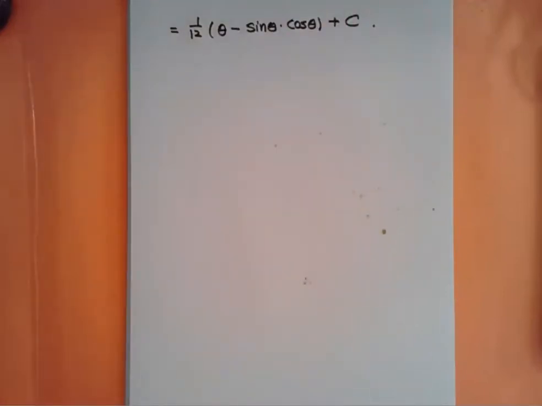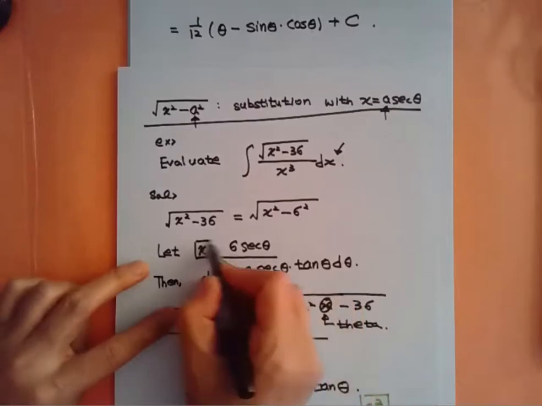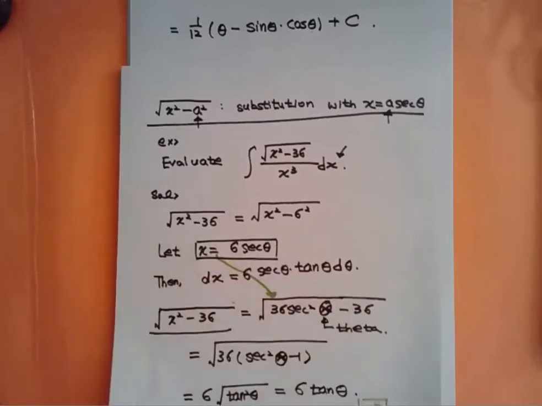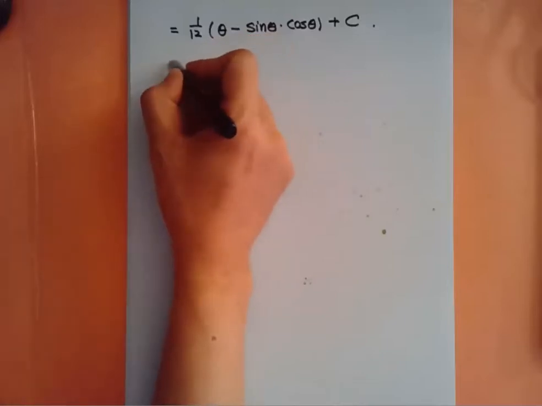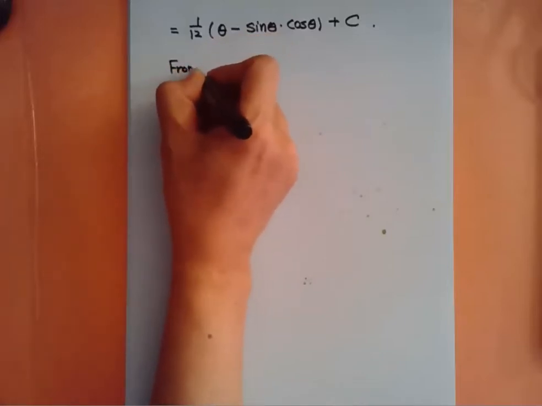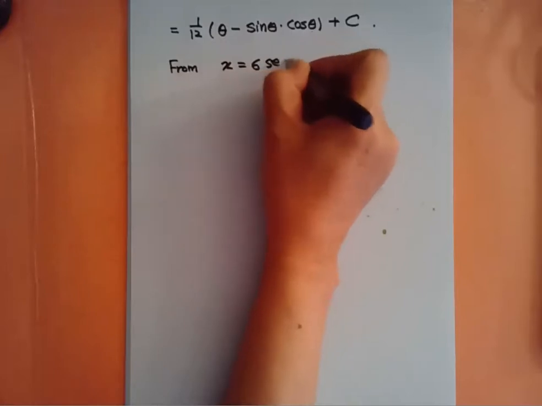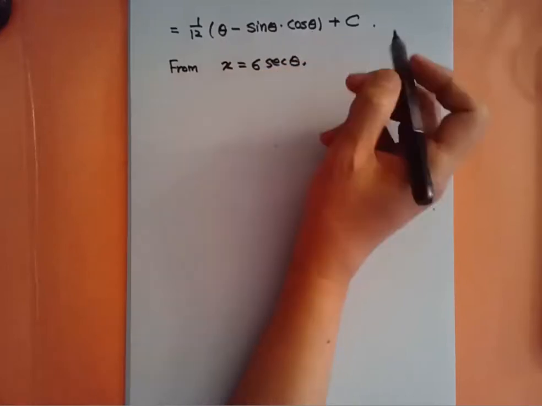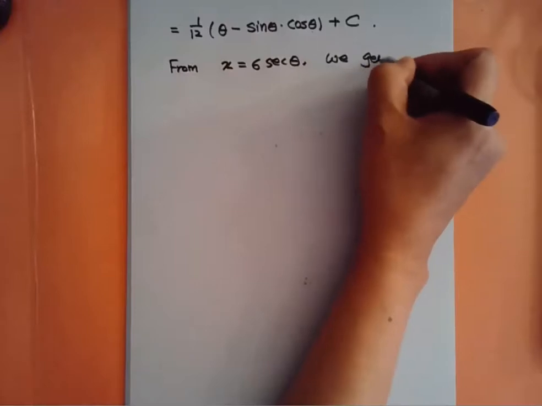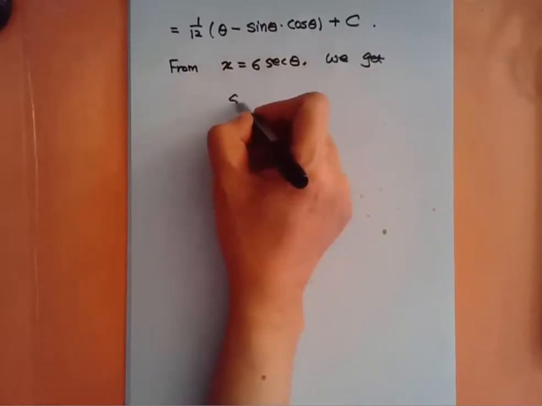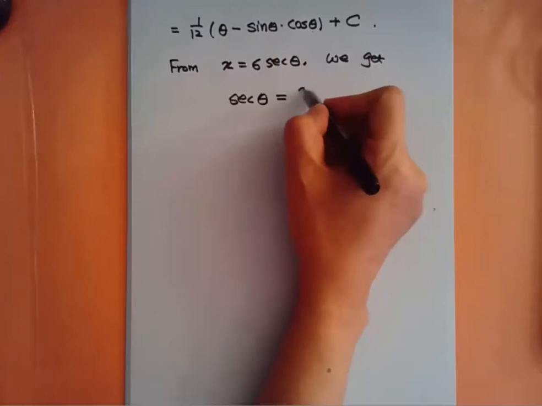Why are we doing that? That is because we know x equals 6 secant of theta. So from x equals 6 secant of theta, which was given, we get secant of theta equals x/6.